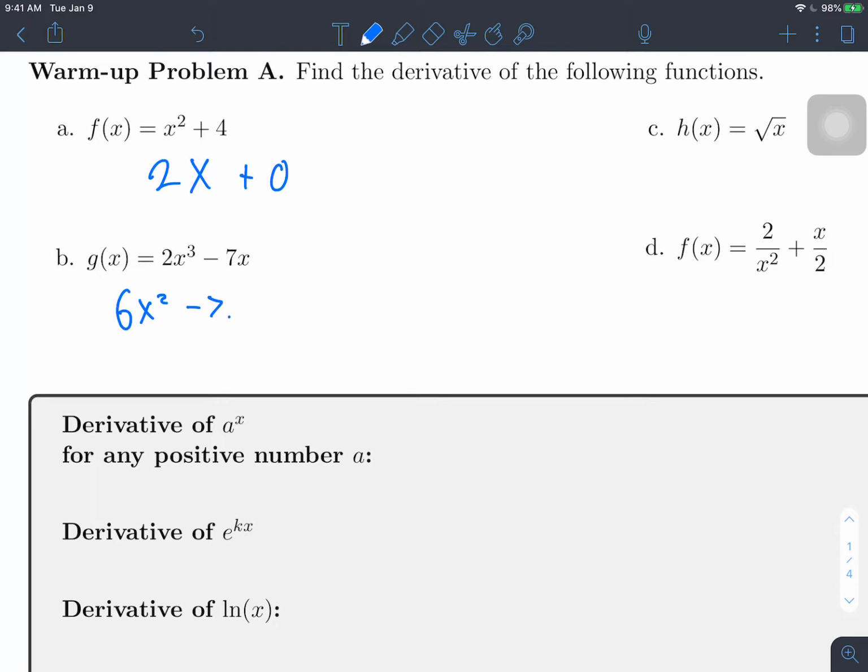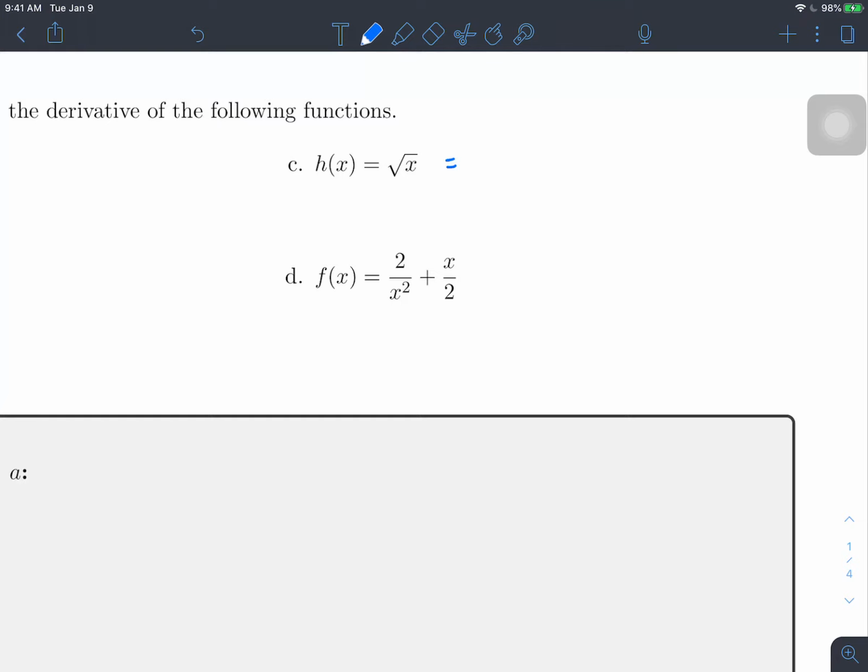All right, I think that C was a little bit more complicated. We should first try to express it in a rule-friendly way. What should it look like if I want to use one of my rules on it? Can I rewrite this in a rule-friendly way? Yes? Yeah, x to the 1/2. And if I do its derivative, what do I get?